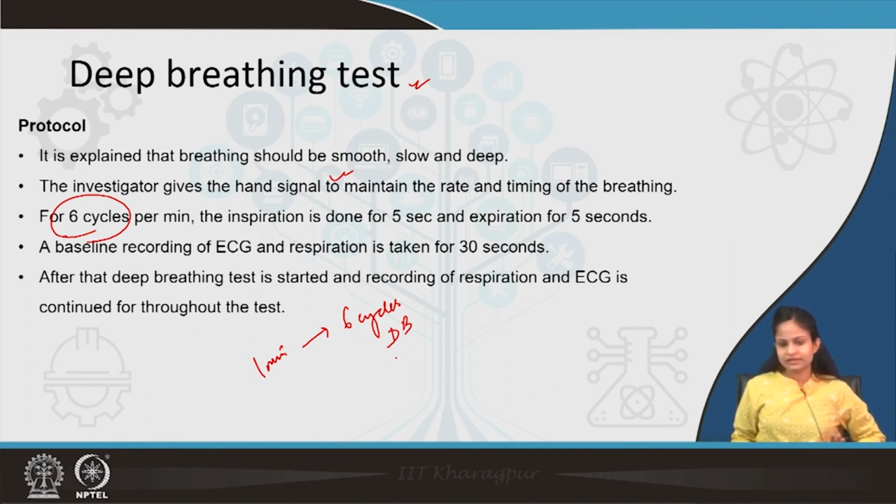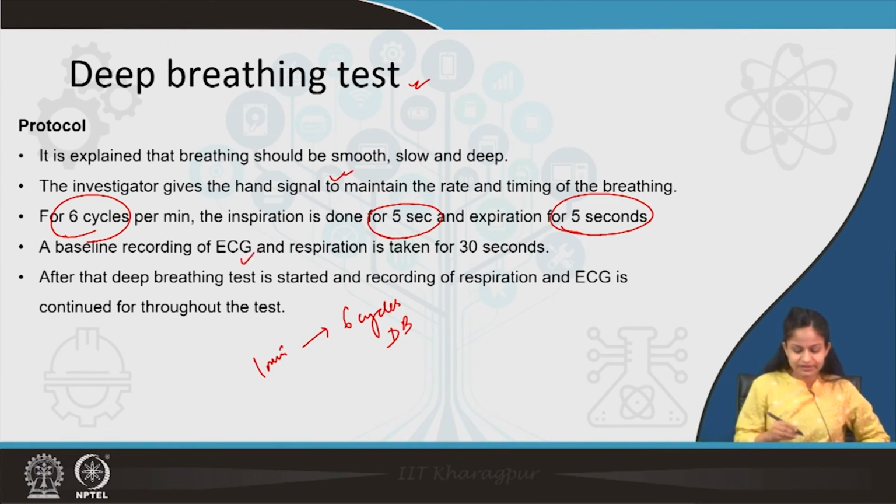The inspiration should last for 5 seconds, and the expiration should last for 5 seconds. If you are taking inspiration deeply for 5 seconds, you have to expire also deeply for 5 seconds. That will constitute your 1 cycle.